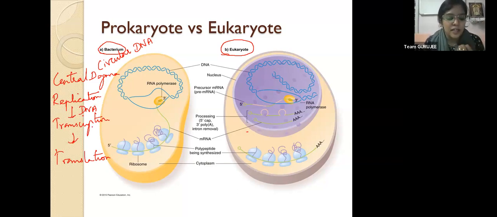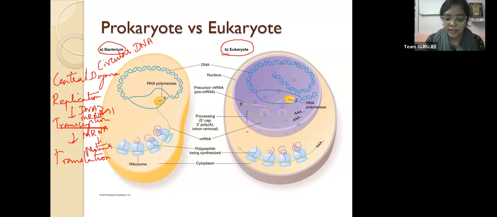Transcription is the production of mRNA from DNA. Translation is where proteins are formed from mRNA.